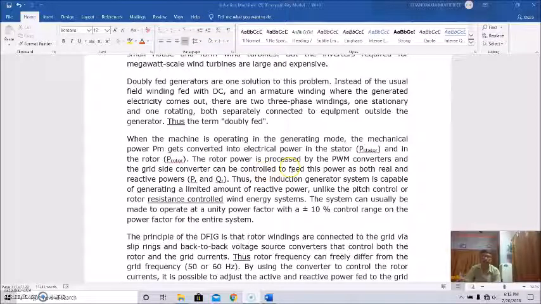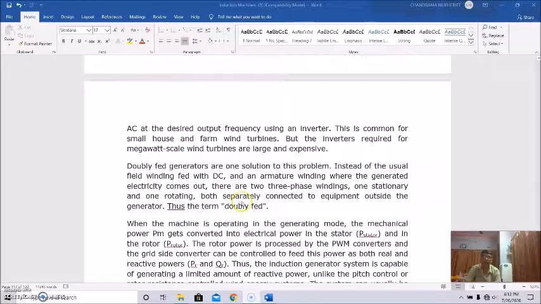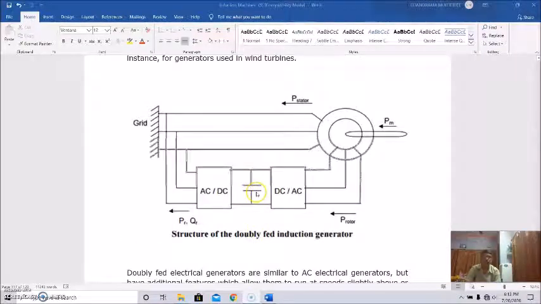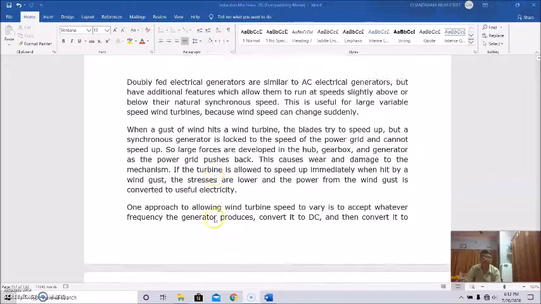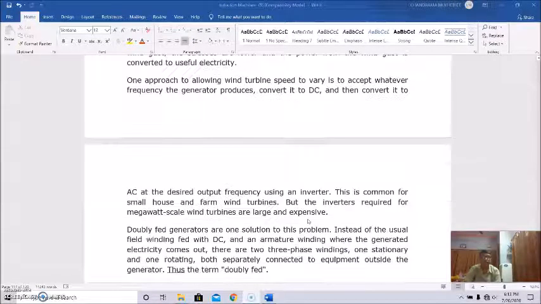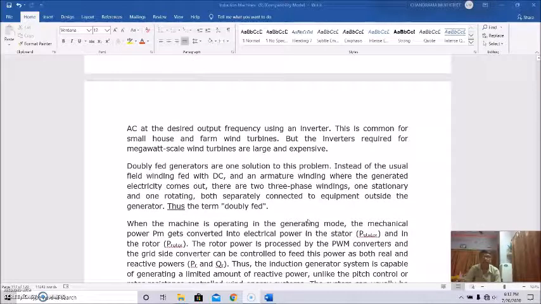The rotor power is processed by the PWM (pulse width modulation) converters, and the grid side converters can be controlled to feed this power as both real and reactive powers, PR and QR. So that is shown here.